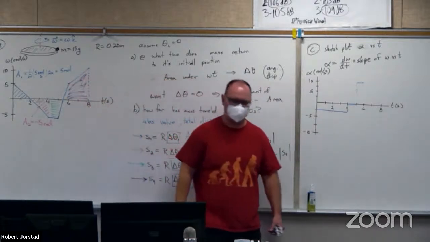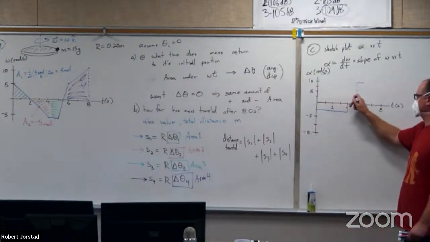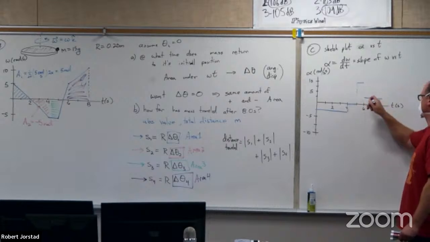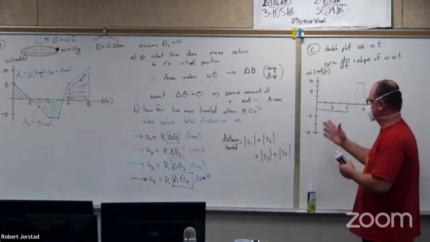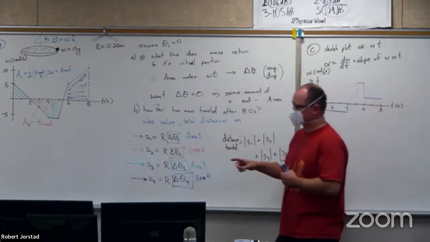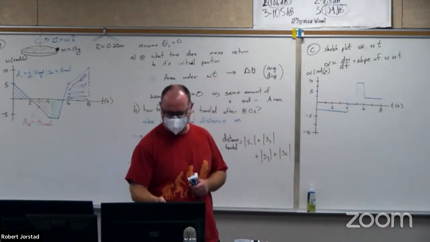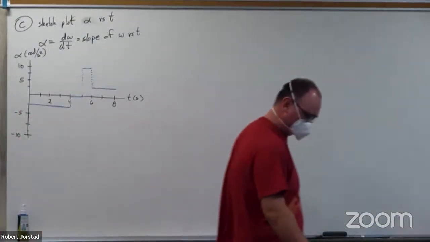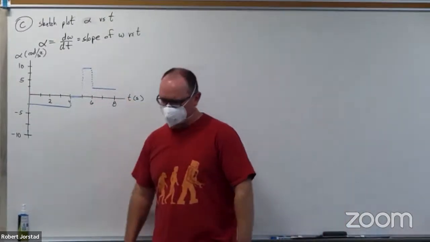That's what? 2.5. Does that make sense? So I got this plot from these slopes. And now I'm going to get the right whiteboard so they can see better online. I got these from the slopes.